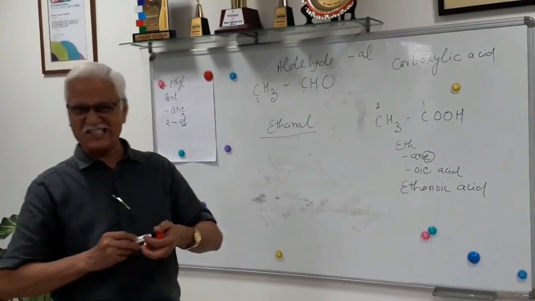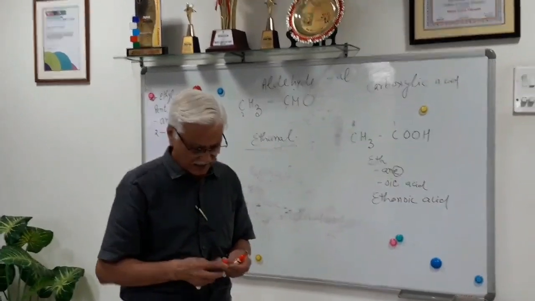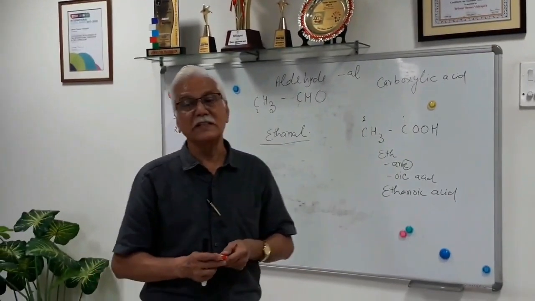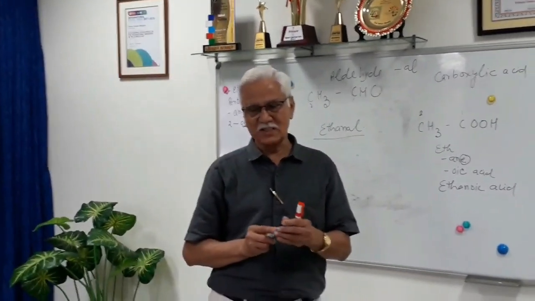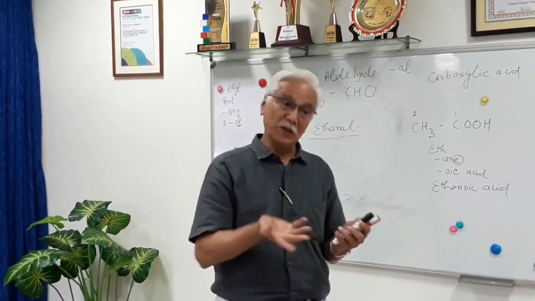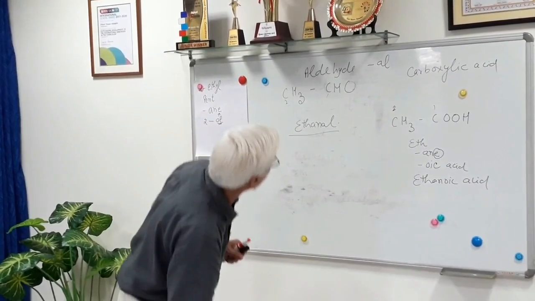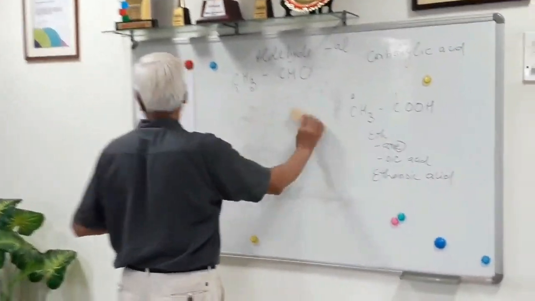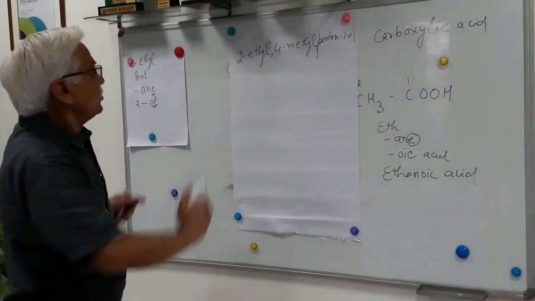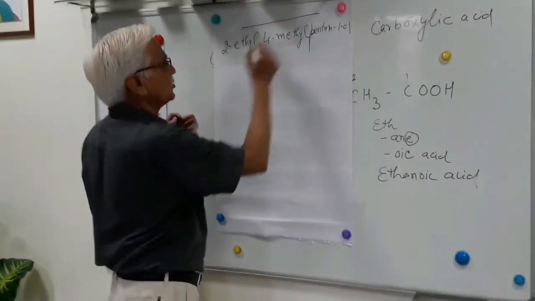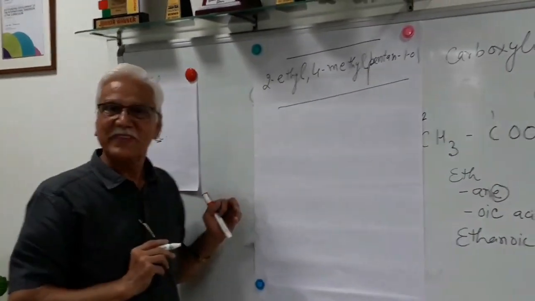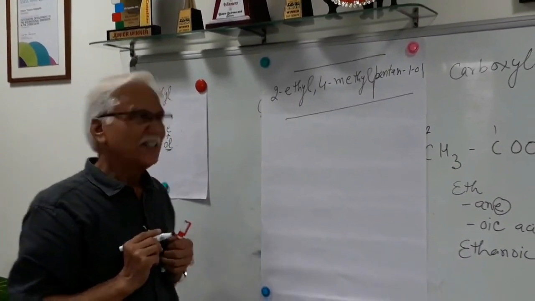I have taken only a gist of that, and I hope it will certainly help you if a structure is given. Reverse can also be given. Say for example, I will take one example of that reverse also. Right? So they can ask you like this also. They have given you a name, and then they will ask the structure.